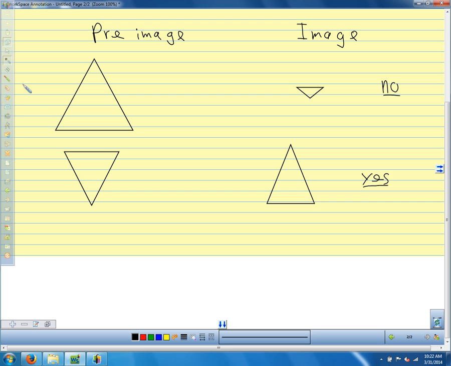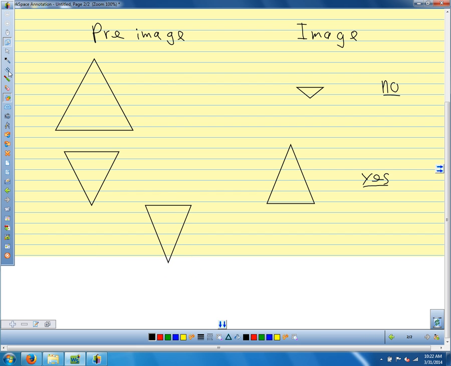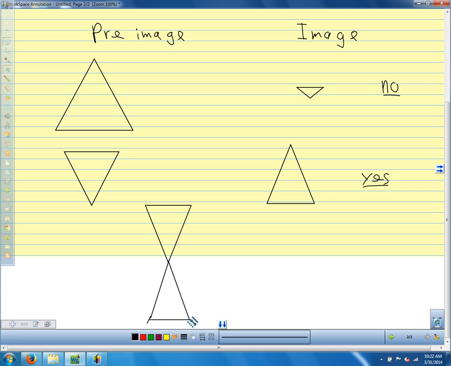How about, let's do one more. I'm going to do my image and my pre-image a little differently this time. I'm going to put this one right in the middle. And if I could draw up here perfectly, does this look like it could be a rigid motion?